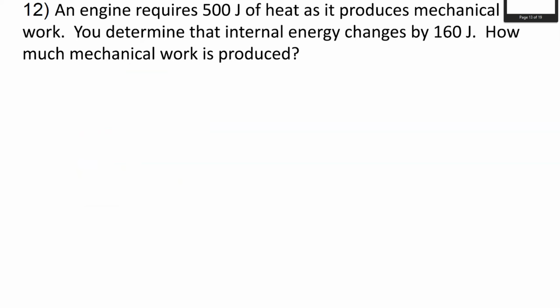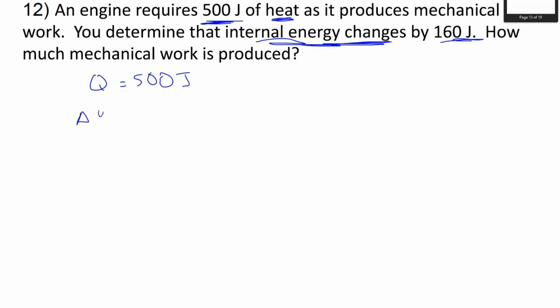Right here I've got an engine, and I'm going to put in 500 joules of heat. It's producing mechanical work, and the internal energy changes by 160. How much work do we do? Interesting. Let's figure out what these numbers are. This is the trick on all the physics problems, right? 500 joules of heat. My symbol for heat is Q. And then they tell me that the internal energy changes by 160.